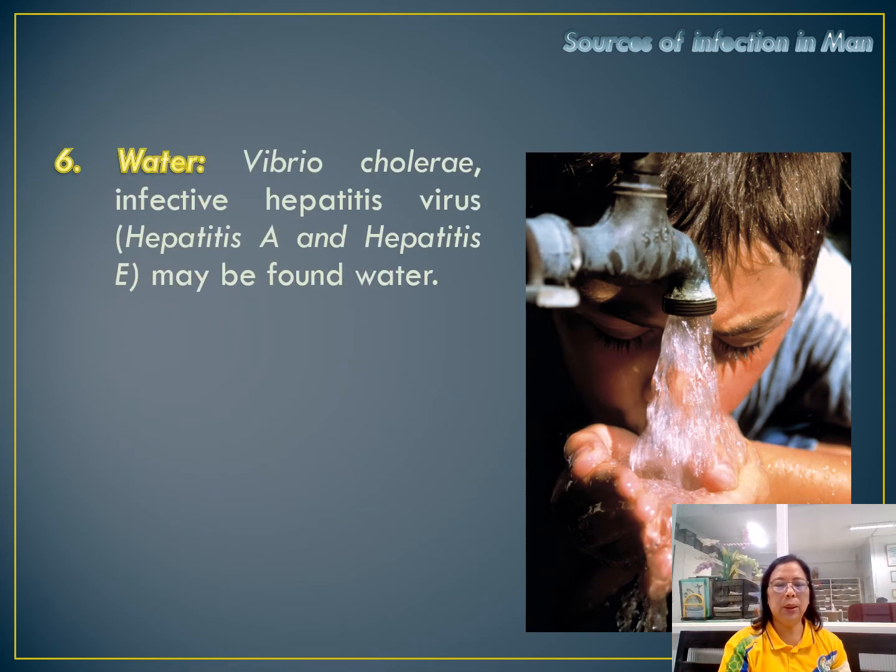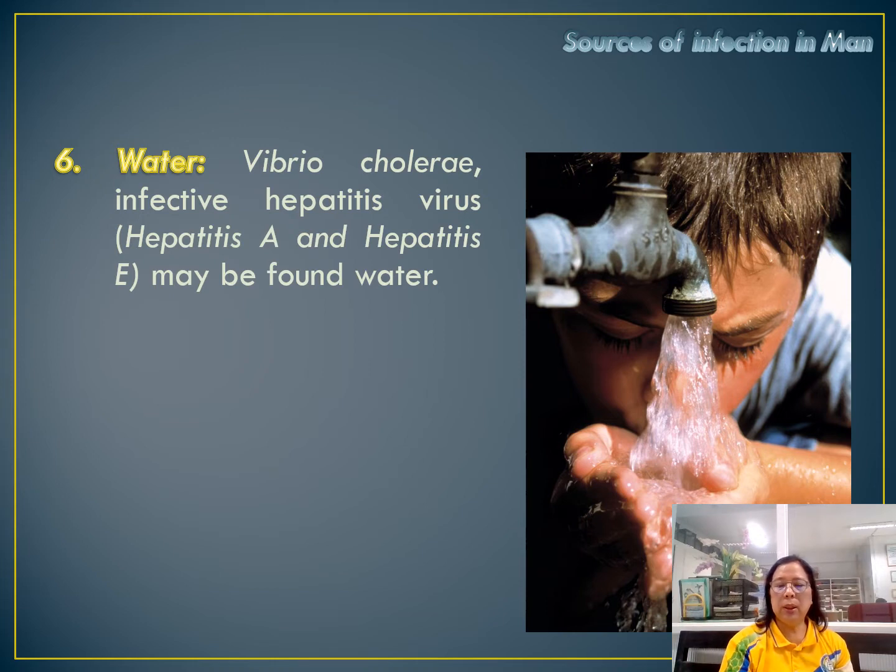Okay, another source is water: cholera, hepatitis virus. These are the common things that we usually hear, no? Vibrio cholerae, hepatitis A, and hepatitis B are actually found in water.